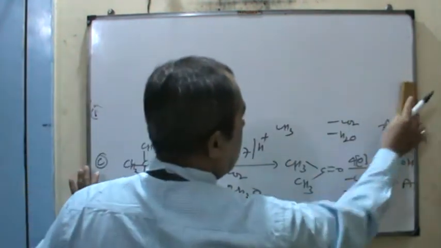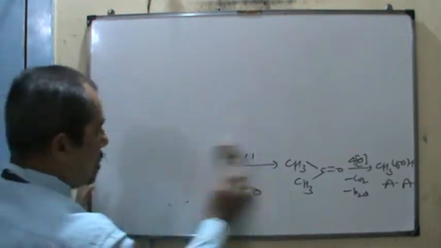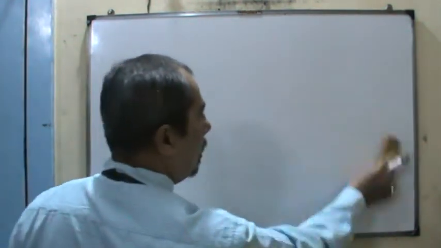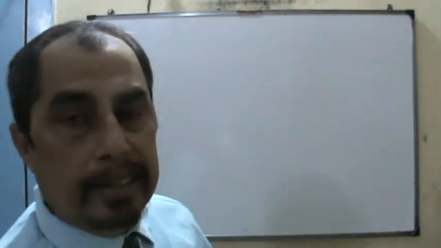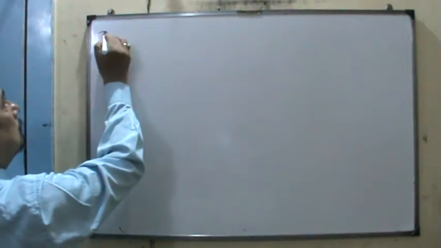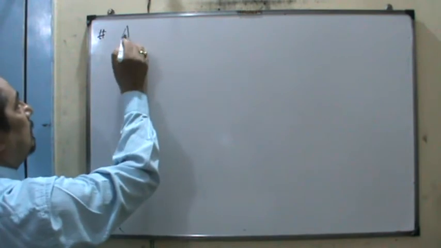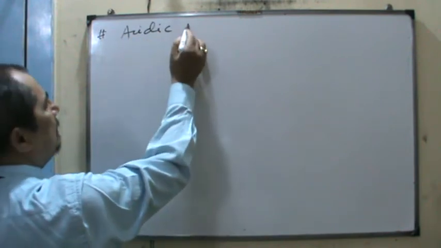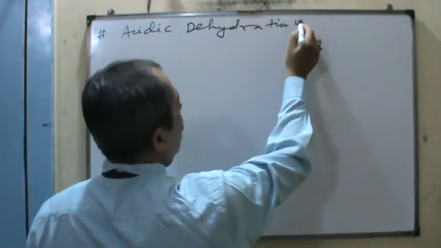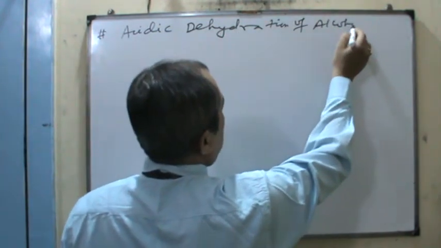Then the next method that will help us explain the distinction between 1-degree, 2-degree and 3-degree alcohol is acidic dehydration of alcohols.